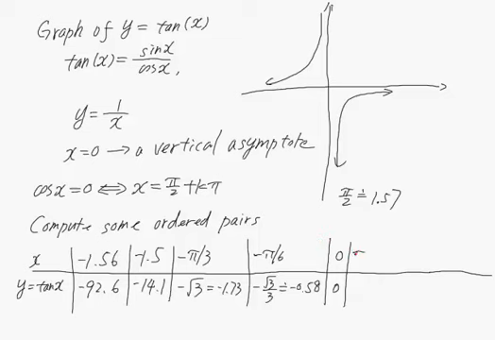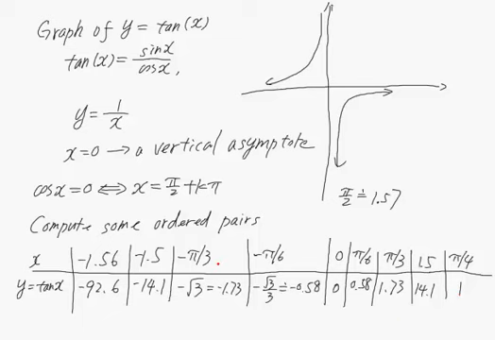So you have pi over 6, which is equal to 0.58, and pi over 3 is equal to 1.73, and then 1.5, tangent is equal to 14.1, and then a special one, pi over 4. Tangent is equal to 1.